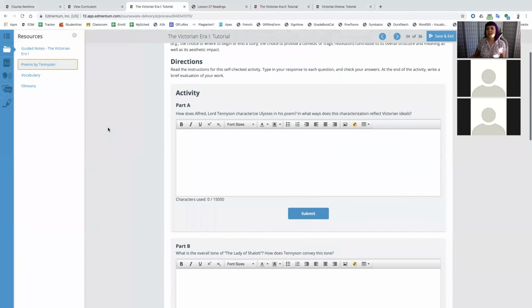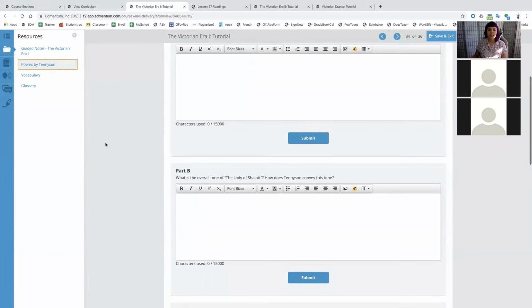Just that idea of searching and seeking and knowledge and betterment. So that's how he's characterized. He's characterized as somebody who does not want to be home. He's still looking for adventure, even in his old age. He says that his son can take care of things. He wants to go out and continue to adventure, and part of that reflects those Victorian ideals.